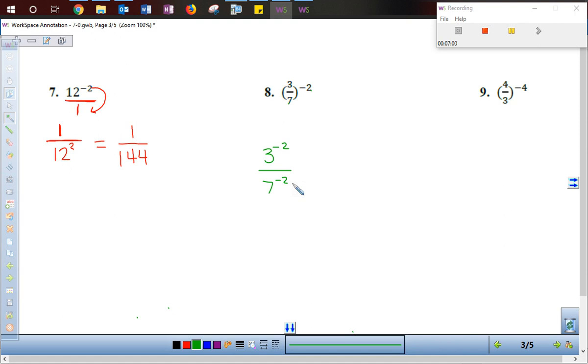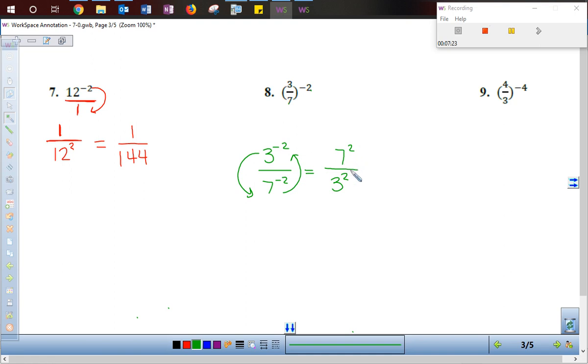Well, I have 2 negative exponents now, which is not okay. So if I were to change that up and fix it, this guy, since it's negative and in the numerator, would have to go to the denominator and become 3 to the positive second. This guy, since it's negative and in the denominator, would have to go to the numerator and become 7 to the positive second. Well, this guy I can now simplify.